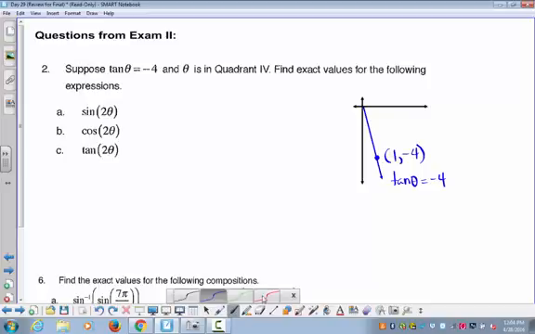How do we find that? r squared will be 1 squared plus the quantity -4 squared. Again, don't forget that coordinate is wrapped up. So your r value is the square root of 17, and it's positive. That's the distance to the origin.